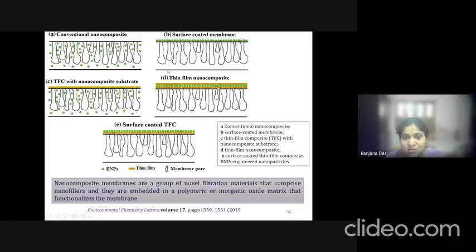So this is the best option for using the composite membrane, but thin film combination with the nanomaterial can also be used, and the conventional approaches are like this. So these are the several approaches for modifying the membrane with the nanomaterial.